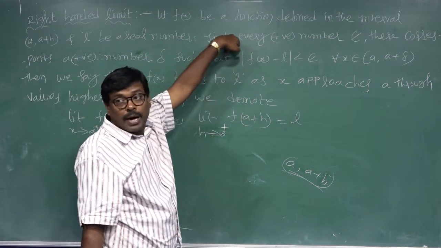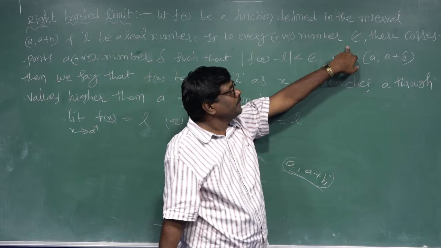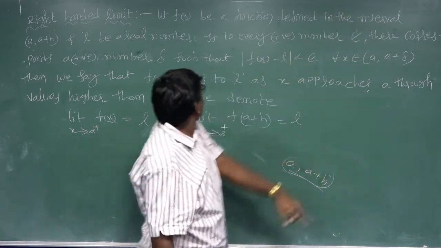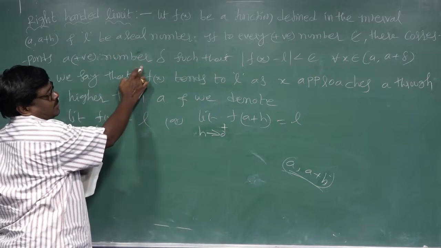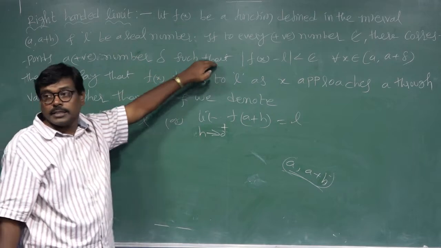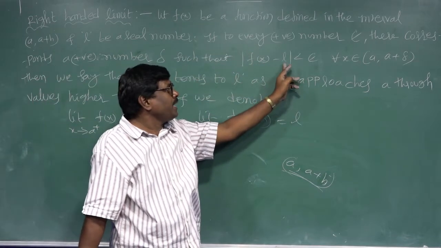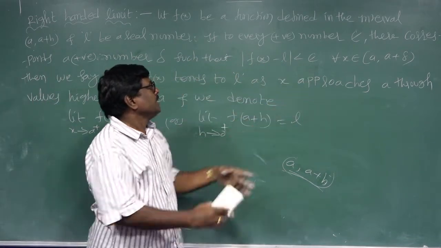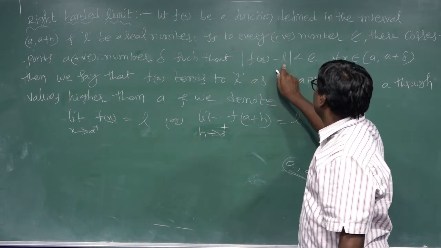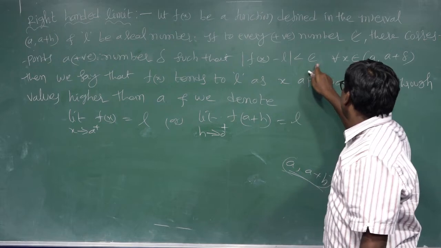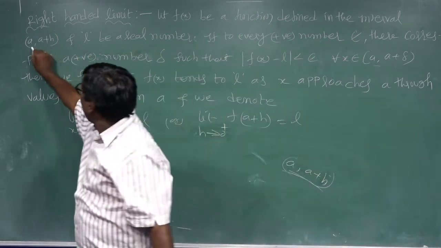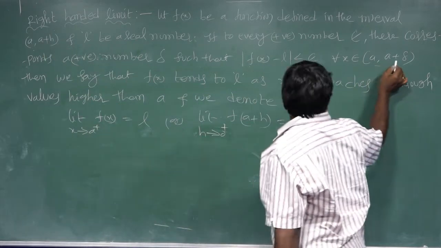For every positive number epsilon, this epsilon is a small error value, there is a corresponding positive number delta such that mod of f of x minus L is less than epsilon for all x belonging to the interval A comma A plus h, or delta.